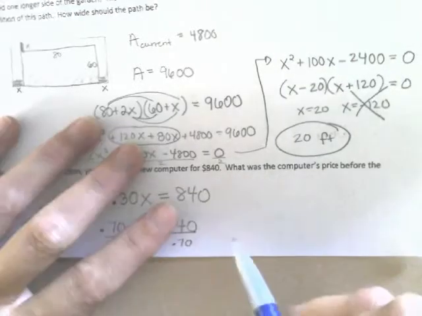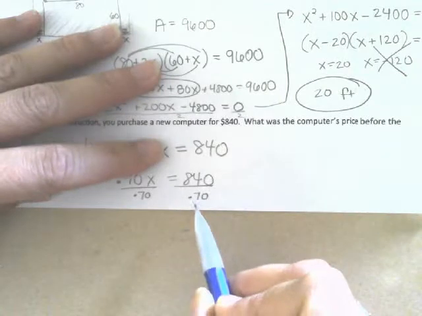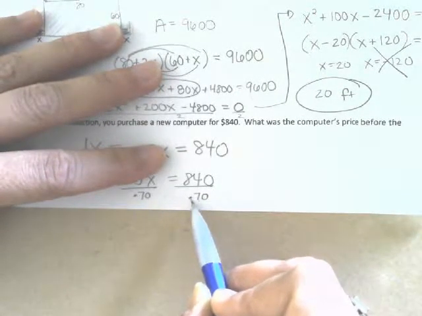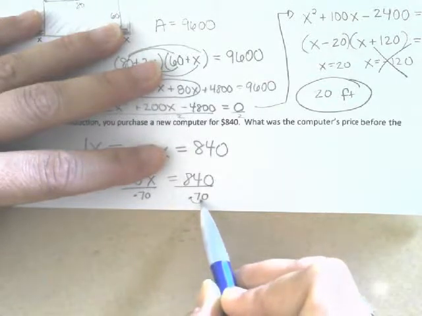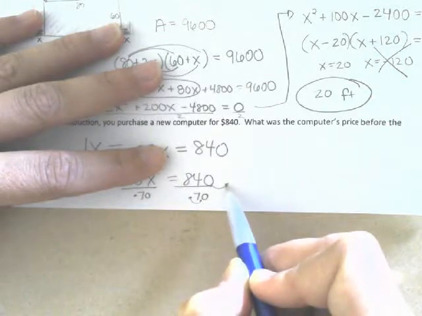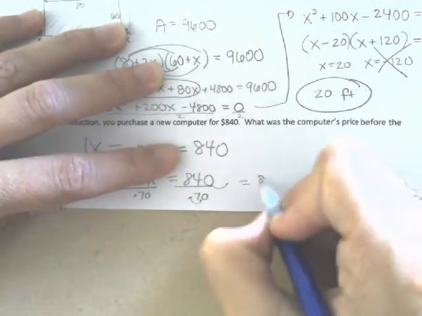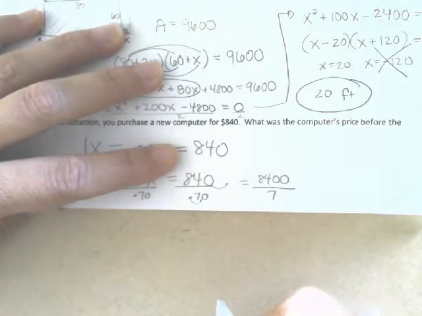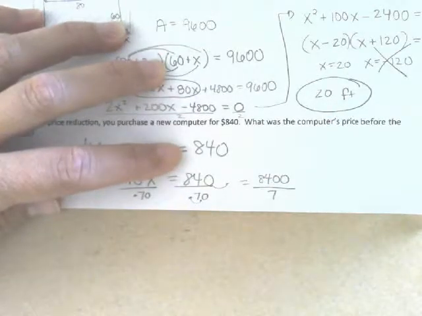But the technique that you probably don't remember, but that you should have learned at some point, is make this so it's not a decimal. Move that decimal place over once, so it's just dividing by 7. And to counter that, you have to move this decimal place over once. So really, it's 8,400 divided by 7. That'll take care of your decimal fear right there.